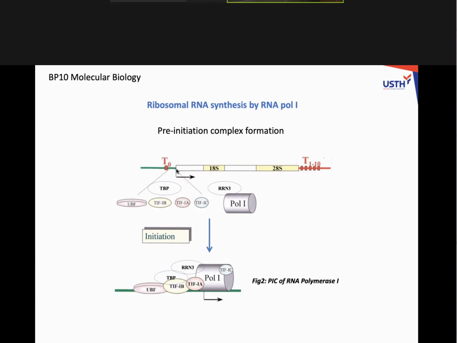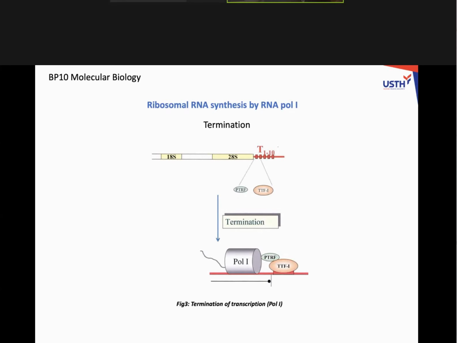Okay. What you can see here, as I told you just before, is that the transcription start is located after all the proteins that interact with the promoter. Just keep in mind this, because you will see it's not the case for pol 3. So for pol 1, the termination of transcription is very, very straightforward, and you will see it's much more complicated for pol 2.